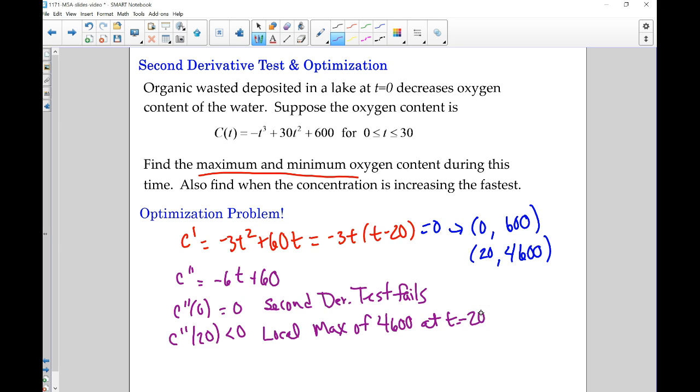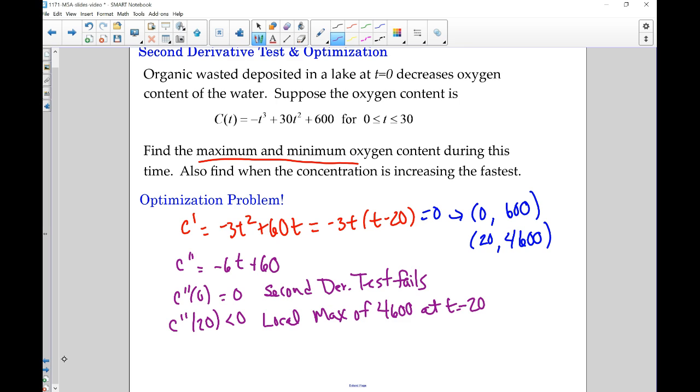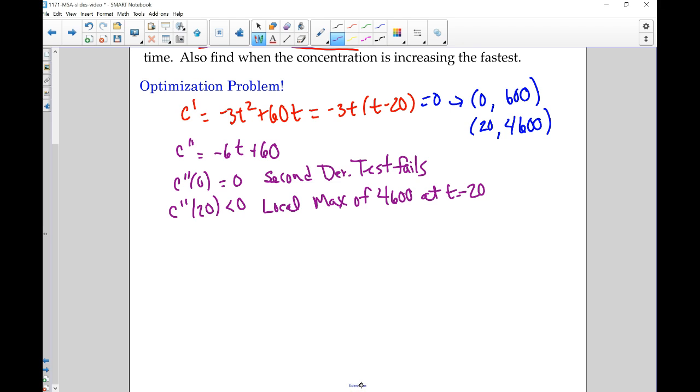Okay, so again, max would be the case where second derivative is negative. That means you have a maximum. Okay, but so I have a local maximum. I want to fully classify everything, so I need to know about 0 and the endpoints.